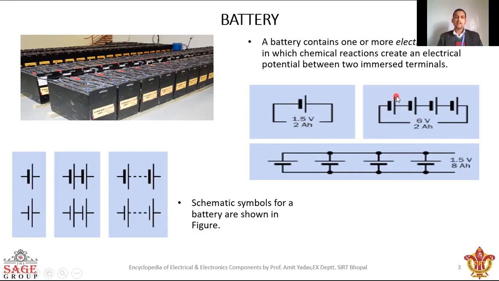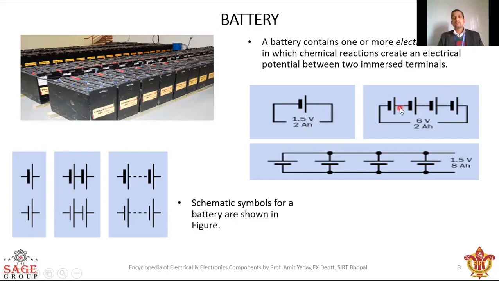Here you can see that positive is connected in series with negative, and the positive of the second battery is again connected with the negative of the third battery. The positive of the third battery is connected with the negative of the fourth battery. So in this way, we connect the various cells together to get a series connection.